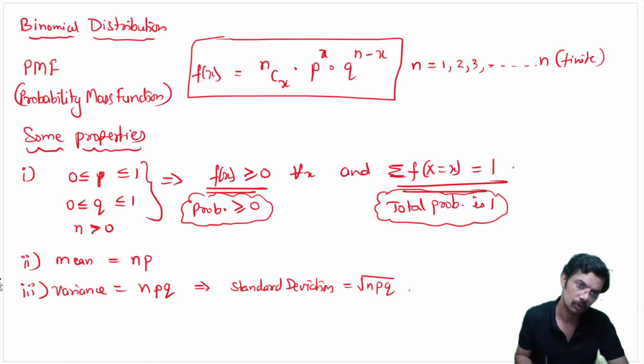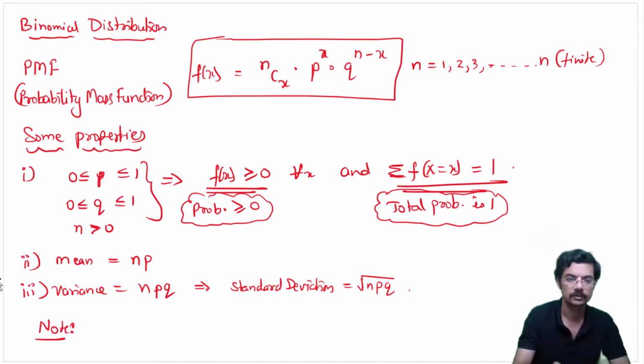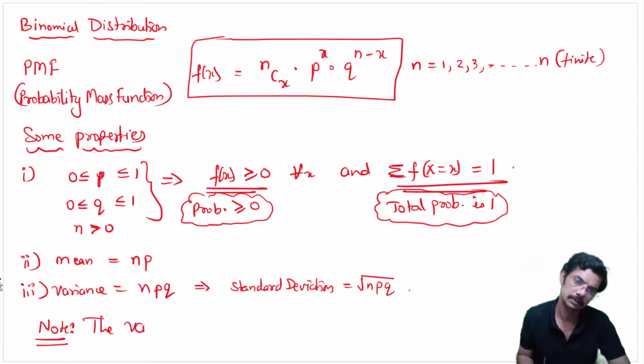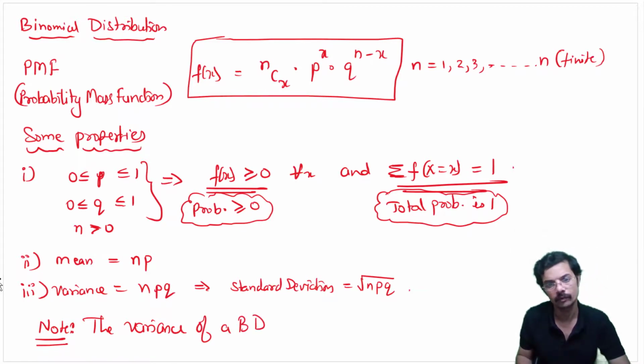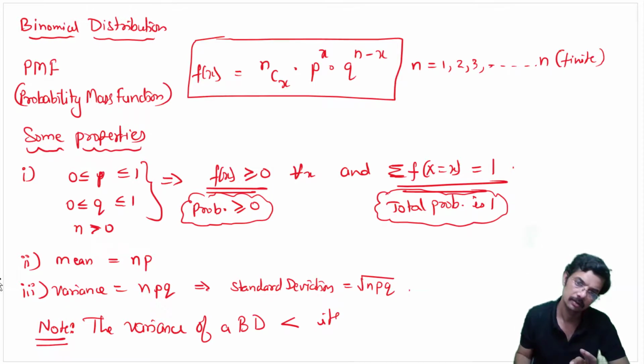Note that the variance of a binomial distribution is always less than its mean.